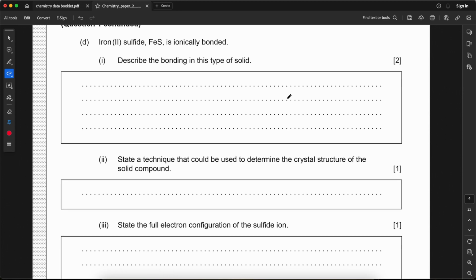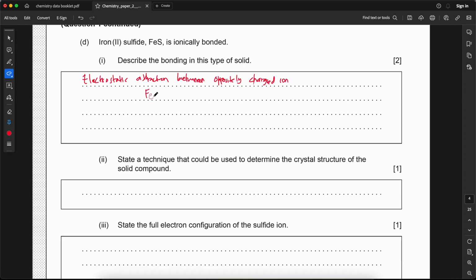Iron(II) sulfide, FeS, is ionically bonded. Describe the bonding in this type of solid. Ionic bond. It has electrostatic attraction between oppositely charged ions.